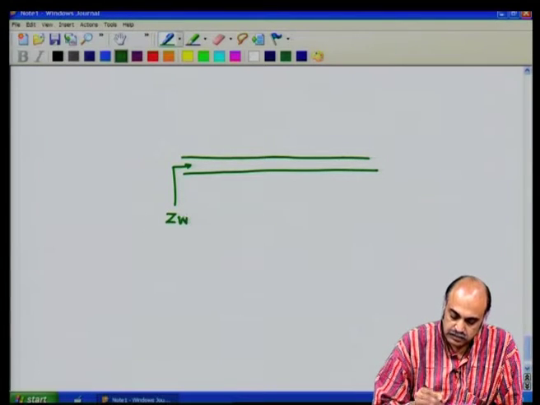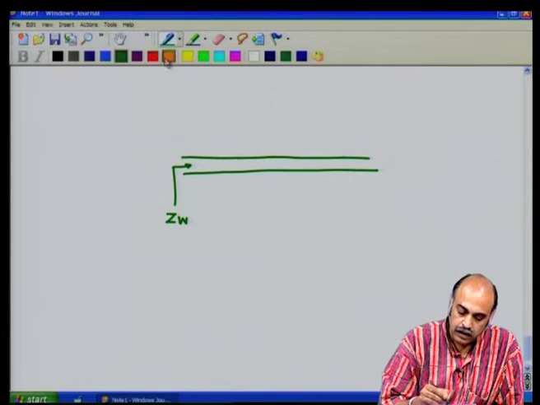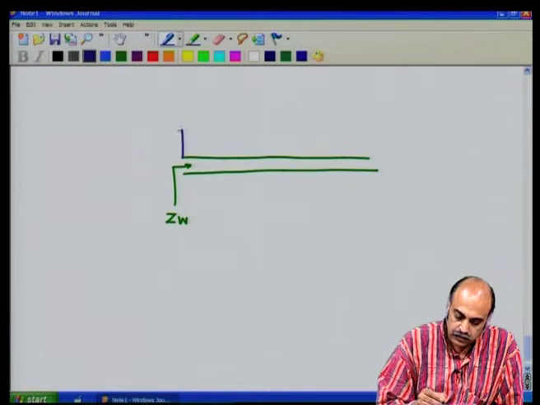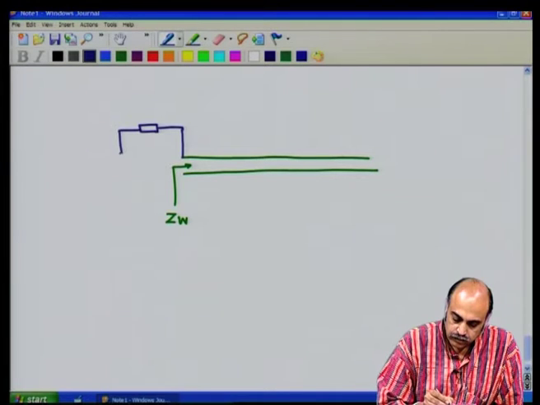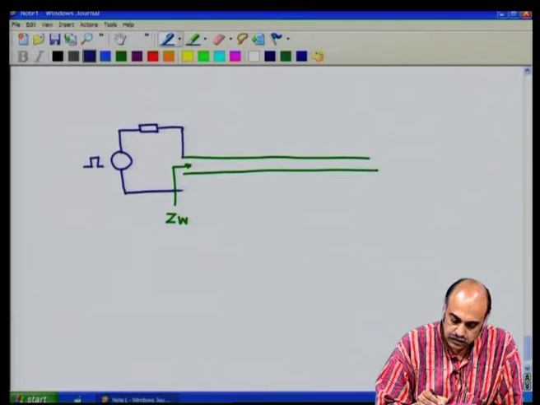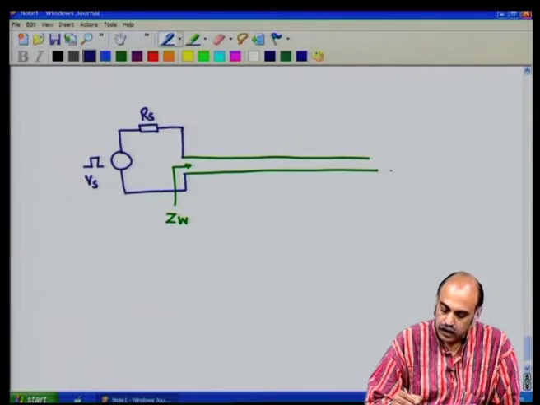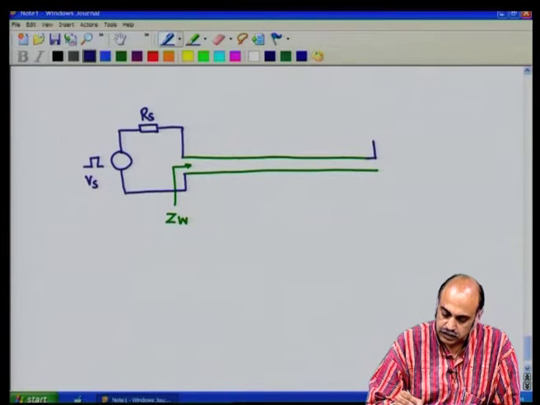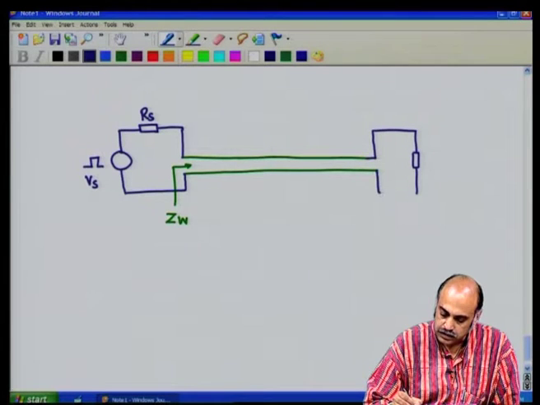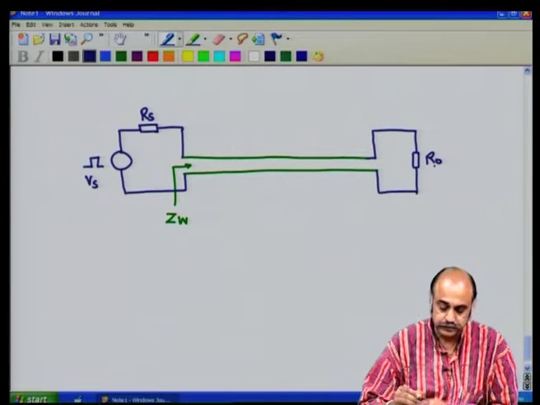These tracks become transmission lines, and at one end of the transmission line we have the source side impedance RS, and on the other side of the transmission line you have the load impedance termination R naught.